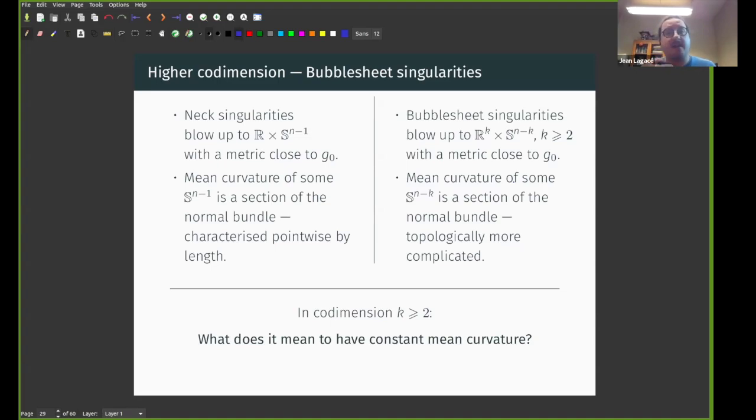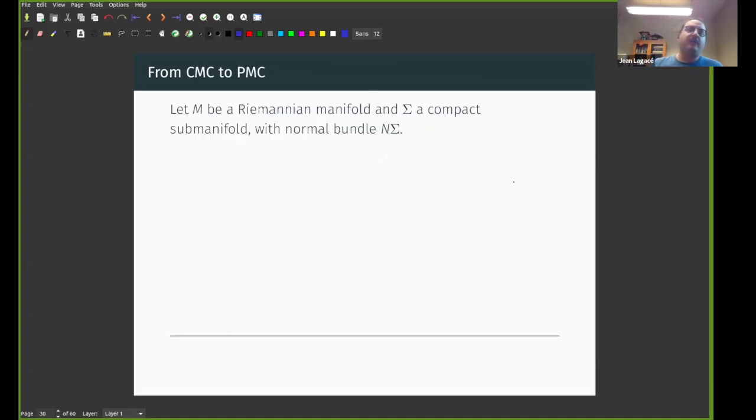So my first step is I want to produce a foliation of these bubble sheets by objects that have constant mean curvature. And if I want to do that, well, I should define the concept properly first. And so the idea will be to go from what we called constant mean curvature to a different condition that is called parallel mean curvature.